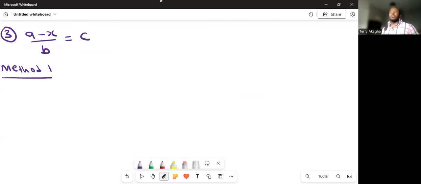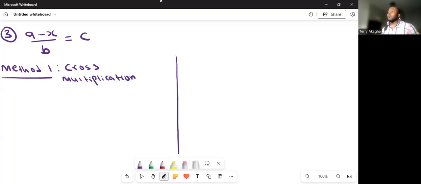If you want to cross multiply, in this example, let's use cross multiplication. Or second method, I can decide to multiply both sides.